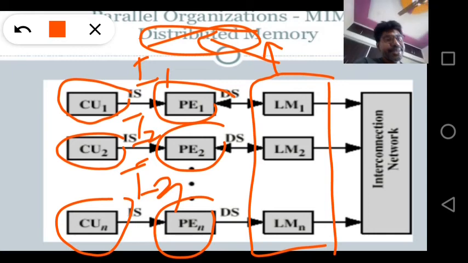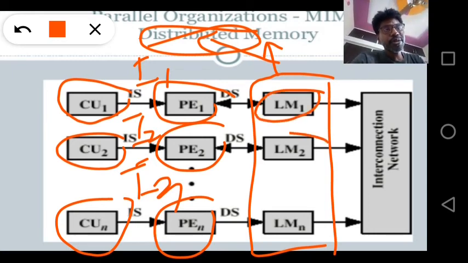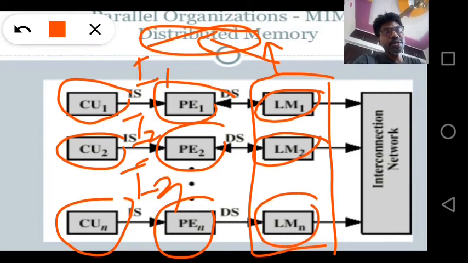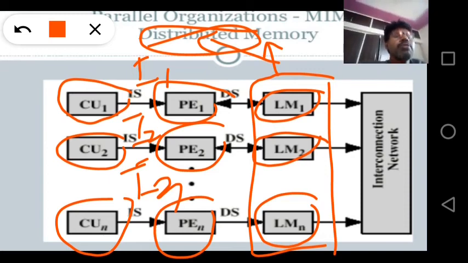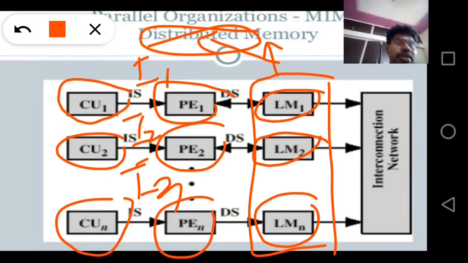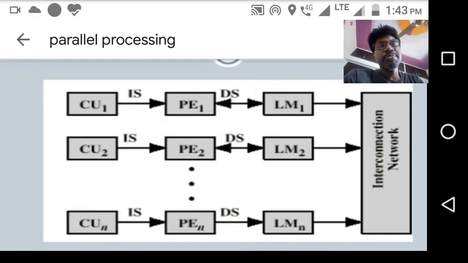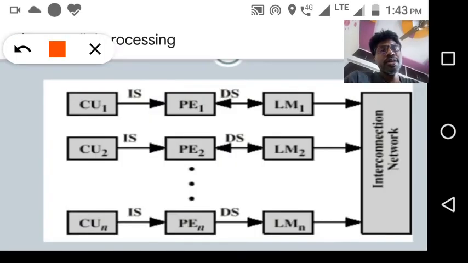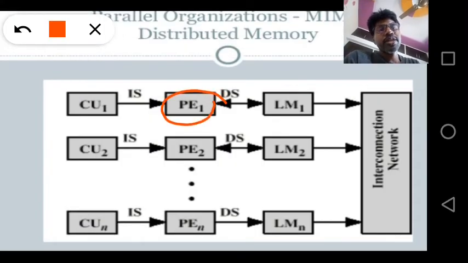See here, this is one set of memory locations, up to LMN. LM stands for local memory. Local memory for processing element 1. The importance of this local memory compared to shared memory is that only processing element 1 has access to local memory 1.